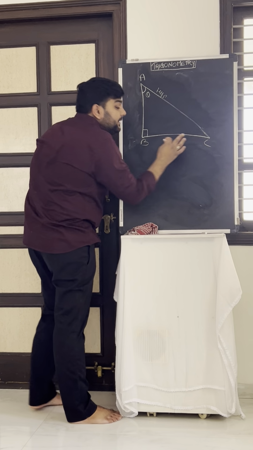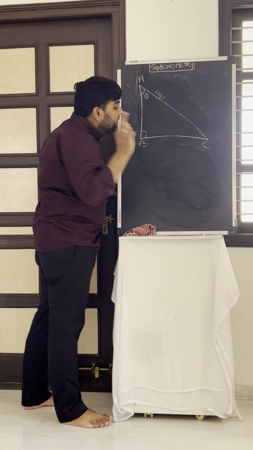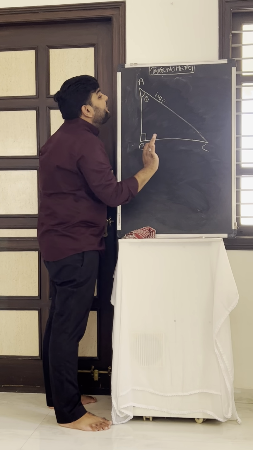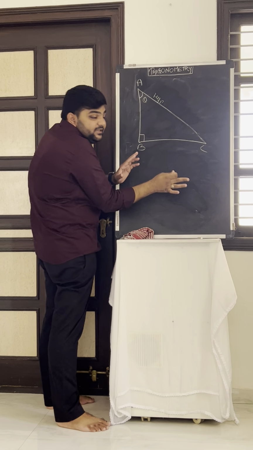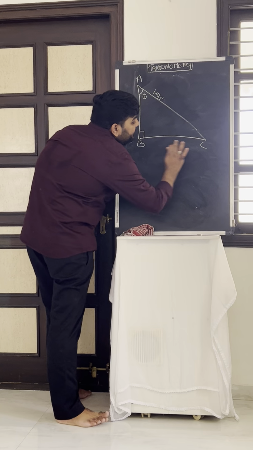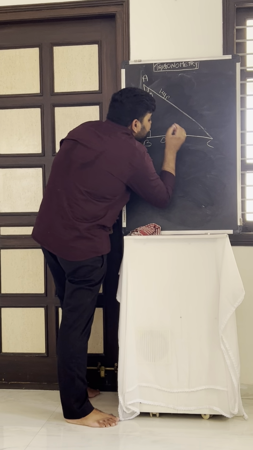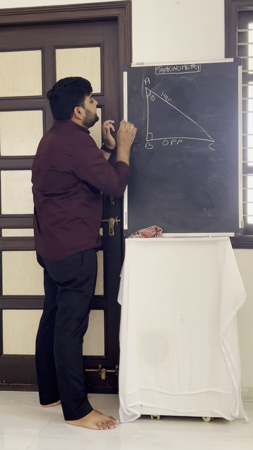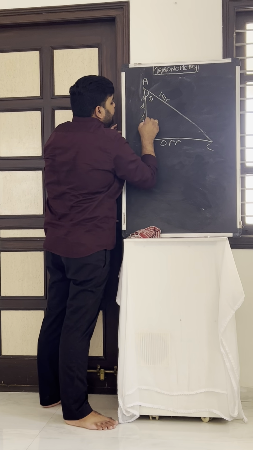In the previous case my BC was the adjacent side because my theta was here. Now if I have the value of this theta, then my opposite side will change and it will now be BC. Now BC will be my opposite side, and AB will be my adjacent side.